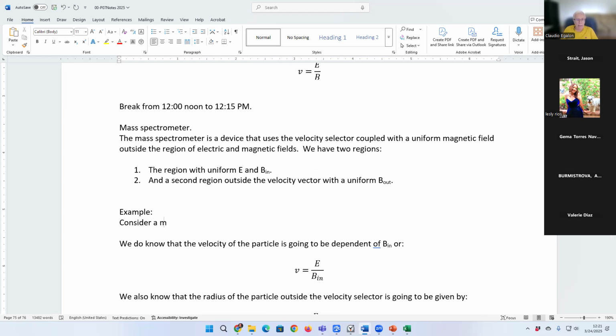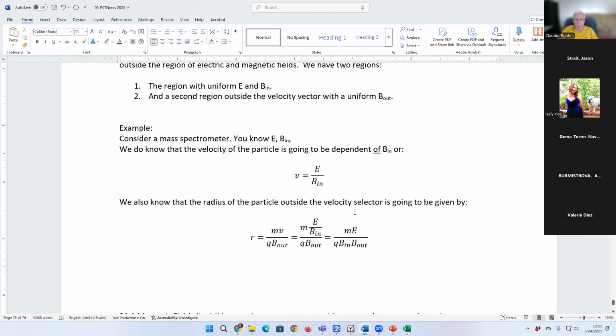Consider a mass spectrometer. You know the electric field and the magnetic field inside the velocity selector, and the magnetic field outside the velocity selector.